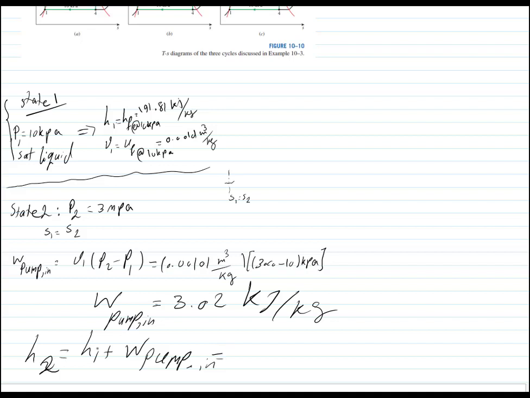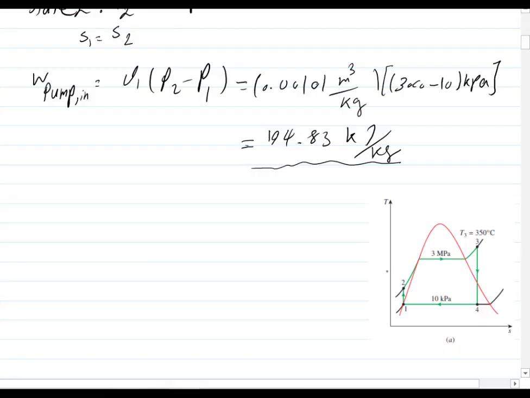By substitution, the value for H1, which is 191.81, plus the work which we have calculated here, the result will be the amount of H2, which is 194.83 kilojoule per kilogram. So now we have calculated H2 or enthalpy for state 2. Next, we have to go for state 3 and calculate enthalpy for state 3.